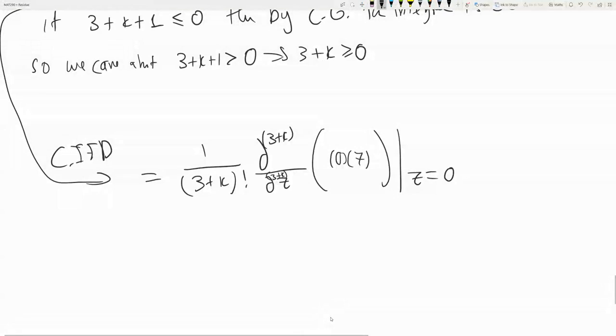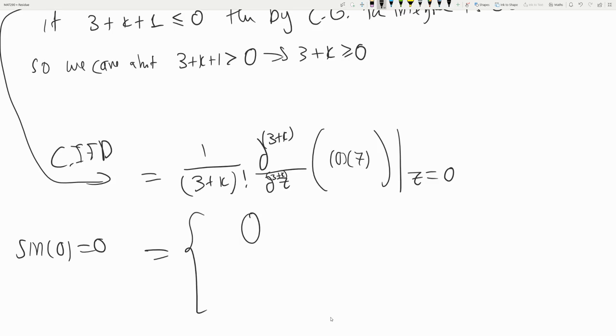All right. So, sine of 0 is 0, so not every term survives. So this is equal to 0 when 3 plus k is odd. In other words, when k is even.